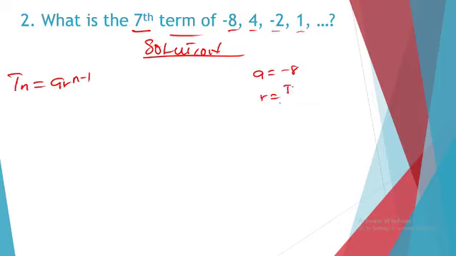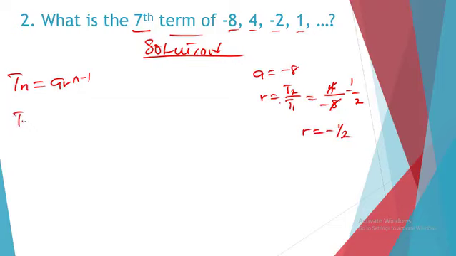Our R is equal to T2 divided by T1, which is equal to 4 divided by minus 8. And 4 into this 4 is 1, 4 into this 8 is 2. And this is minus 1 over 2. So we have our R to be equal to minus 1 over 2.